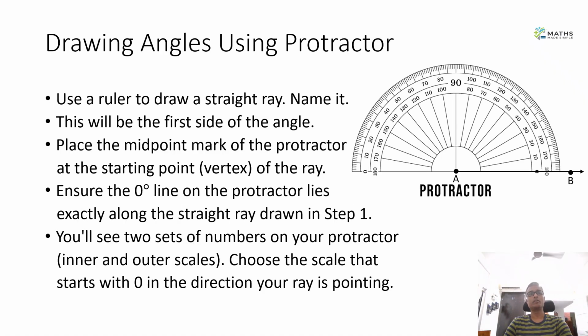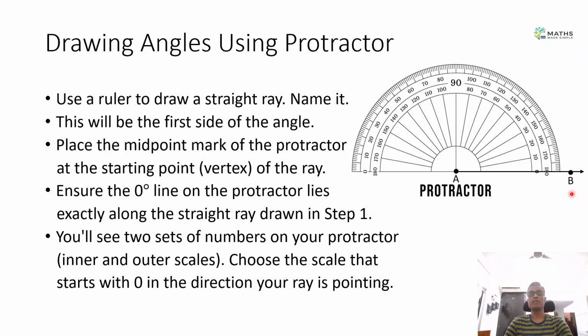Let's now move to the final concept that we are going to cover in this video, which is drawing angles using a protractor. Now, I'll take you through a step-by-step guide as to how an angle can be drawn. Use a ruler to draw a straight ray and name it. In our example, we will name it as AB.